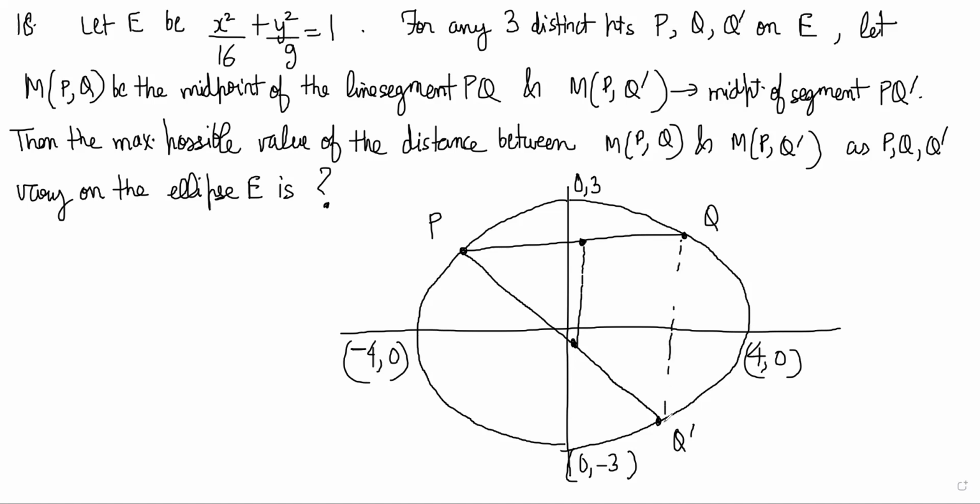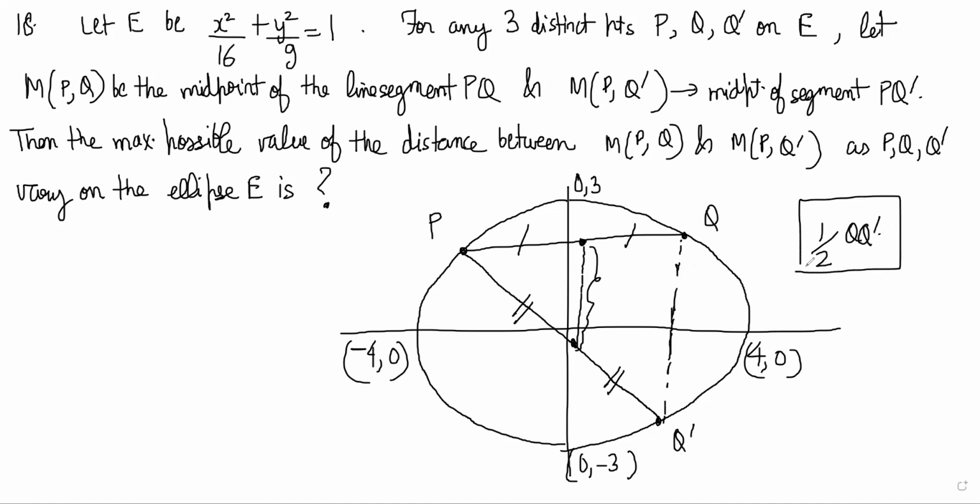And if these are midpoints, this is the midpoint theorem. You've heard of the midpoint theorem, no? The line joining the midpoints of two sides of a triangle is parallel to the third side and is equal to half of it. So this distance is always going to be half of QQ dash, right?